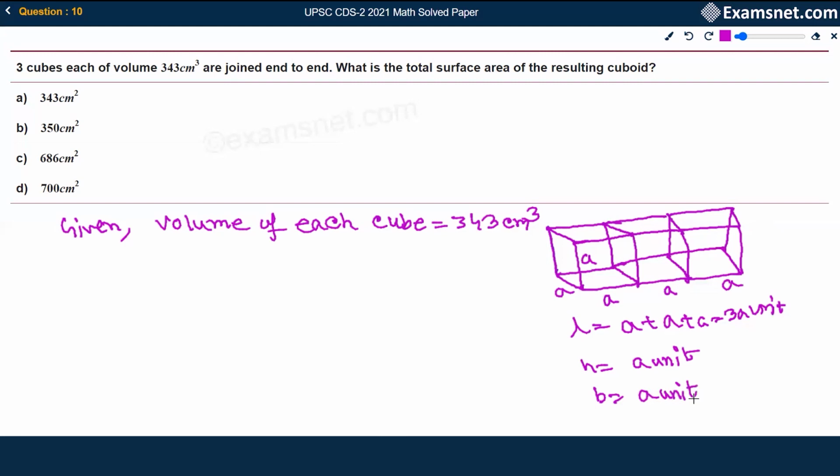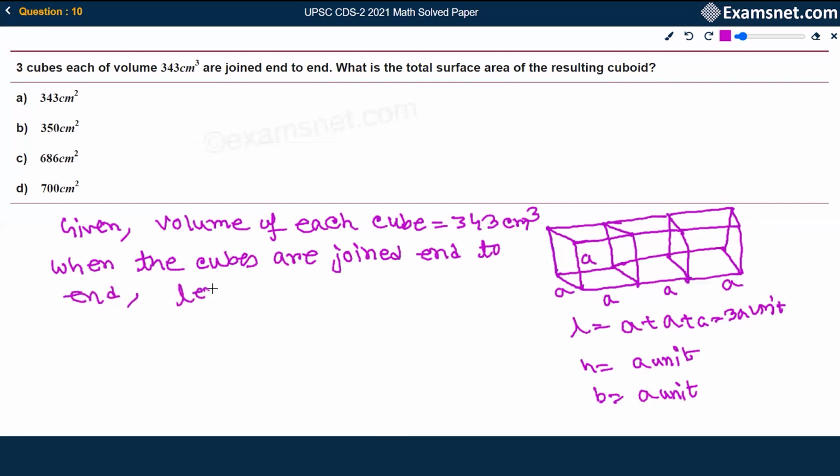Okay, so when the cubes are joined end to end, length of resulting cuboid will be 3a unit.